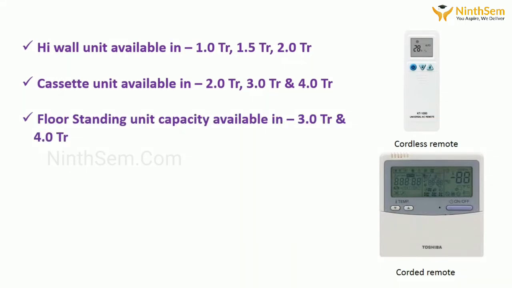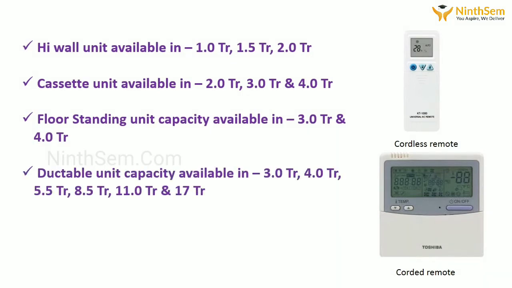The floor standing unit is available in the market in 3 ton and 4 ton capacities. Ductable unit capacities available in the market are 3 ton, 4 ton, 5.5 ton, 8.5 ton, 11 ton and 17 ton.